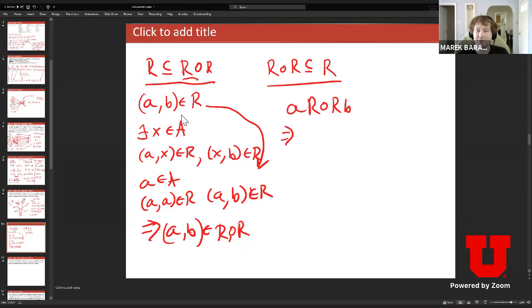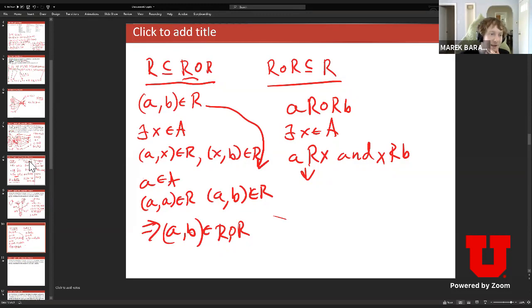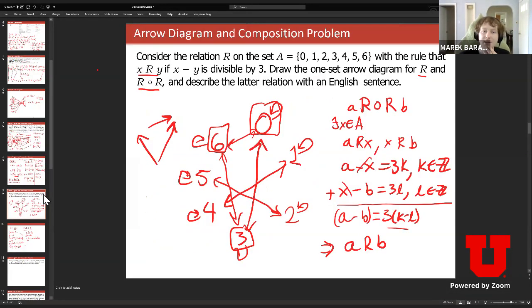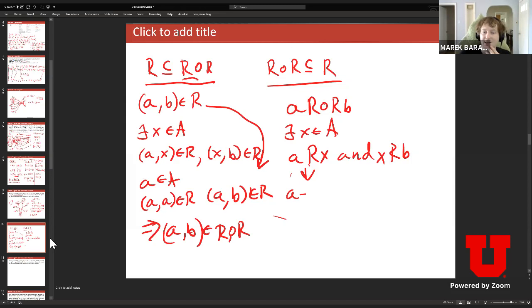And by the definition of the composition relation, that means that there exists an X in A such that A is related to X and X is related to B. And this means from the definition of a relation here, so if X minus Y is divisible by 3, then A minus X is equal to 3K for some integer K. And this one here means X minus B is equal to 3L for some L and K in Z.